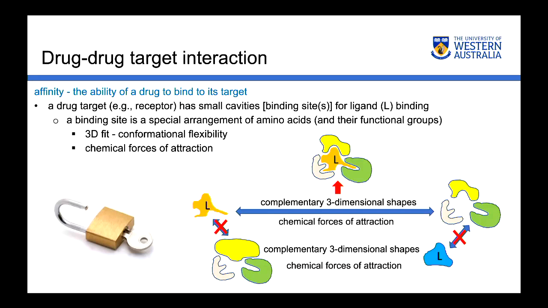So a drug and drug target should be specific as much as possible. This ensures that the drug produces desirable effects but not other undesirable effects. So this just shows that if the shape doesn't match, then the ligand or the drug will not bind to its target.